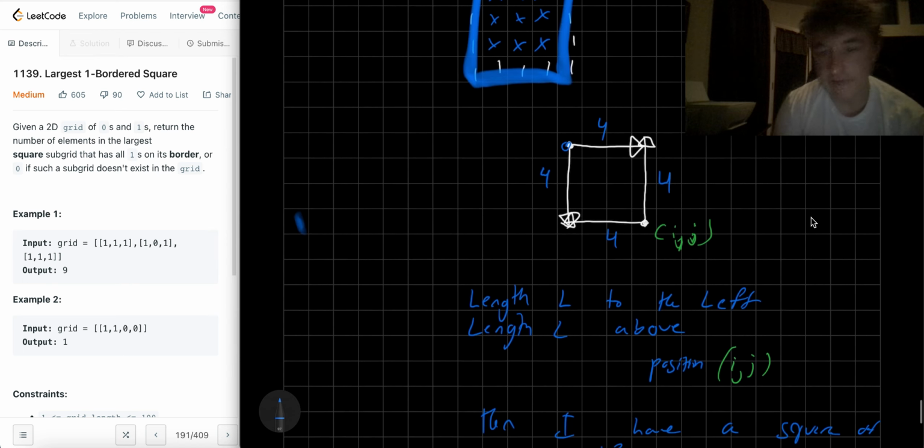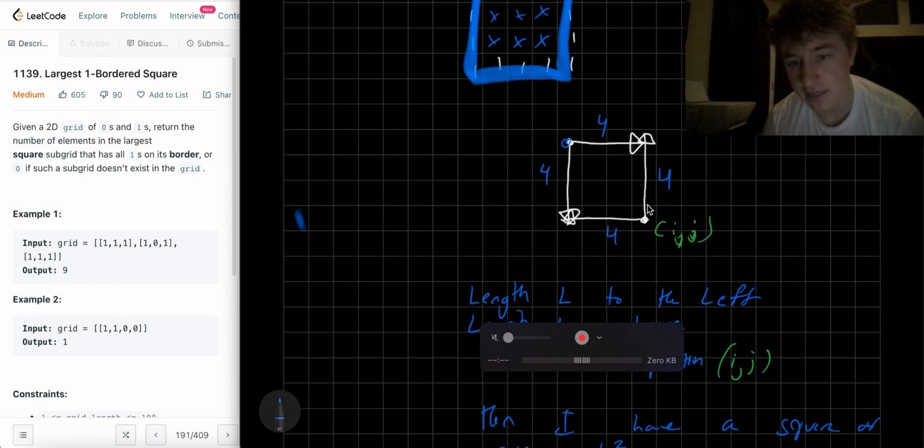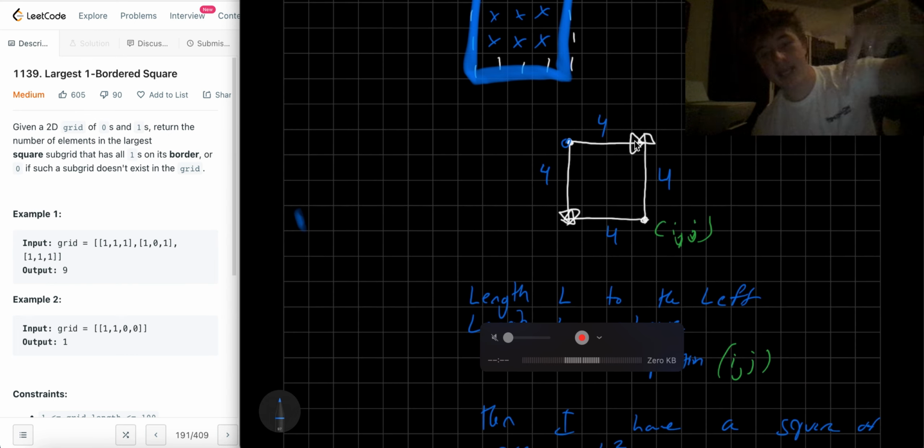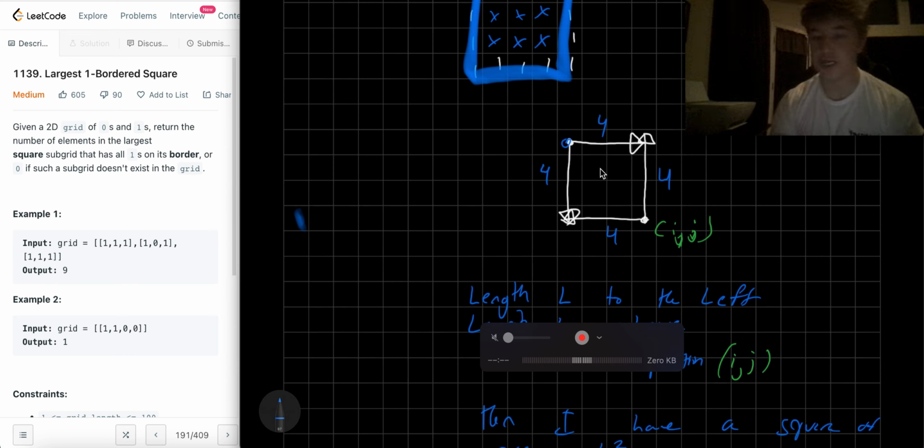So if I have length L to the left and length L above, I kind of want to connect this square, right? Because I only have information about these two sides. So if I want to know how I know what completes this square, I'm going to need length L to the right of this position.